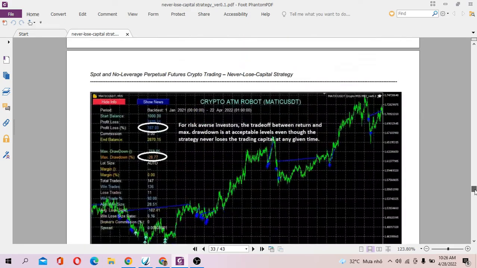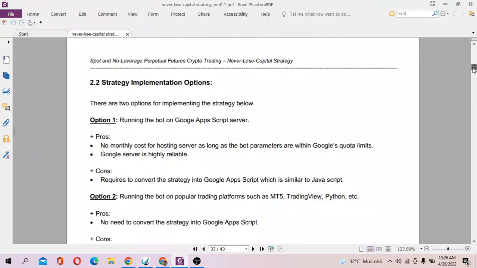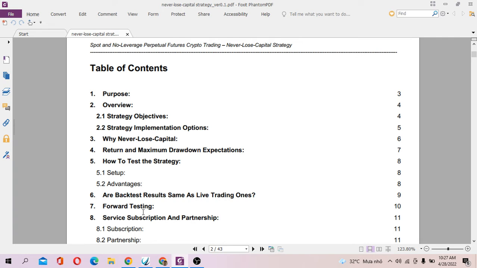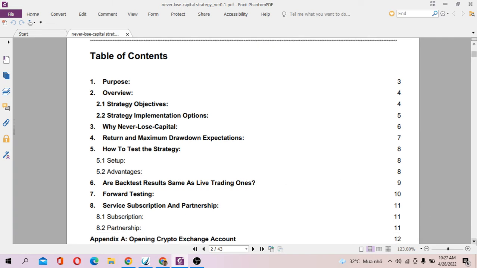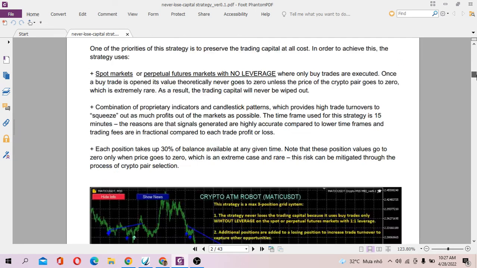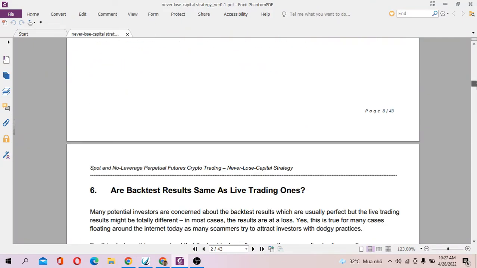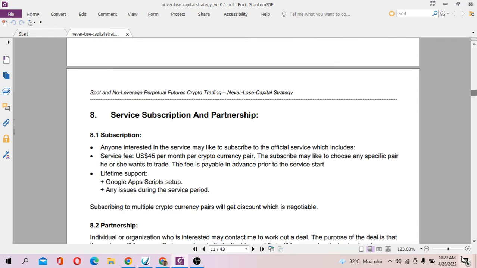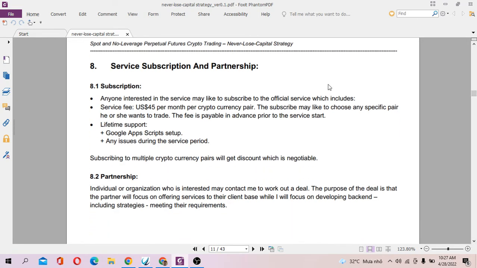All right. Now let's talk about the last part, which is the service. Page 11. For this strategy's service, I provide two types of services.